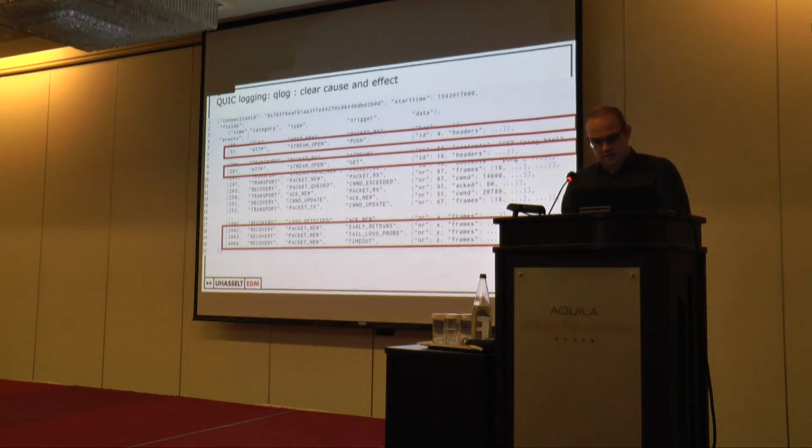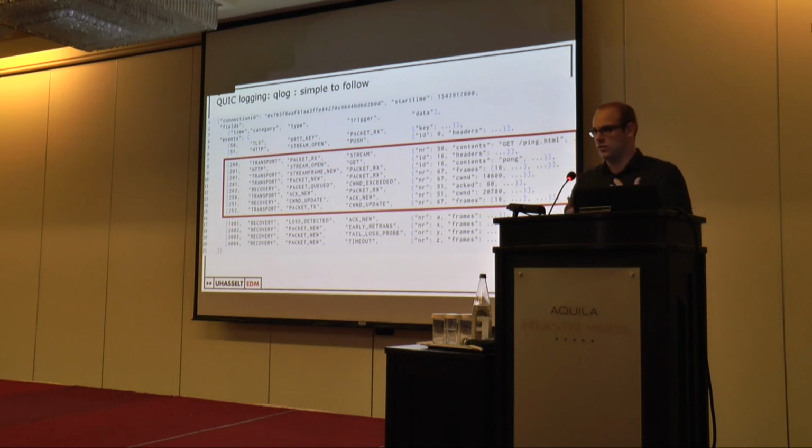So let's try and see if we can interpret this, because one of the goals, like I said, was to be understandable without even having to use a tool. So here on the top we receive a new packet. It's got a GET request for ping.html. On the HTTP level we open a new stream for this one. We then create a new stream frame to get the reply sent in there in frame number 16.